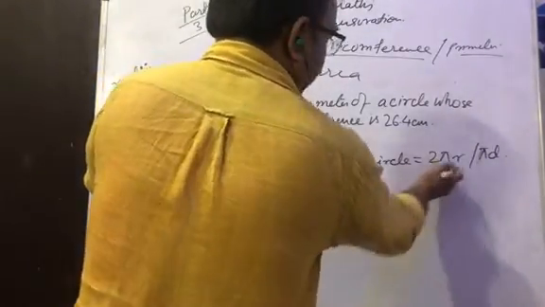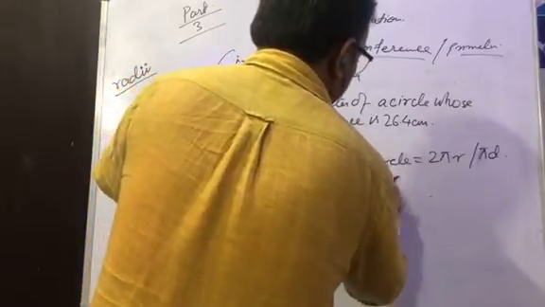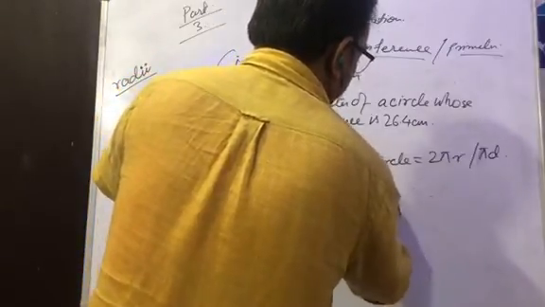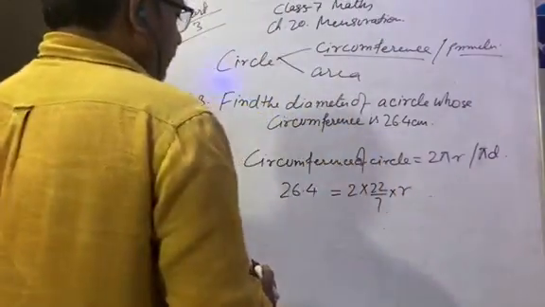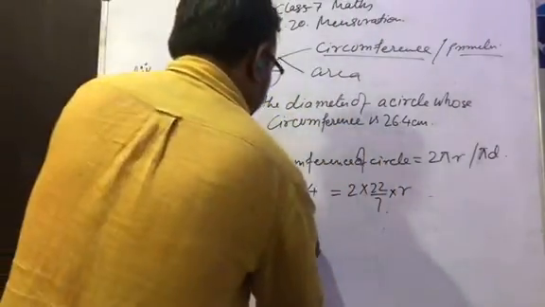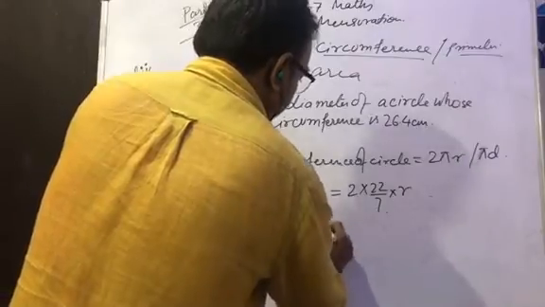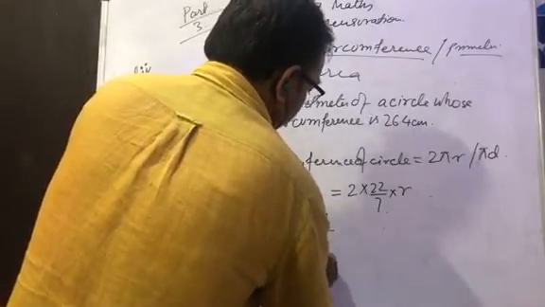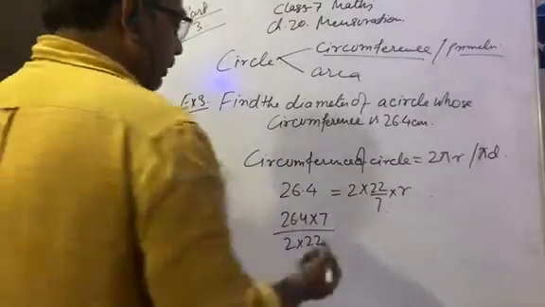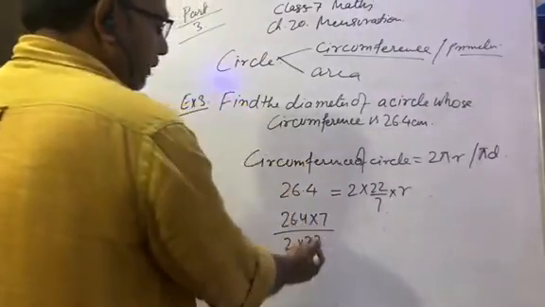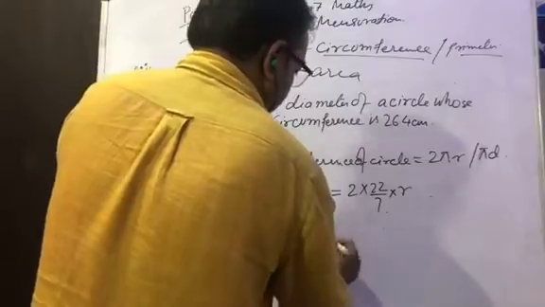So I can use this 2 pi. So it will be 2 multiplied by 22 upon 7 into r. So r is 26.4 into 7 upon 2 into 22. If you want to remove the decimal, you can, or if you want to solve like this, you can.